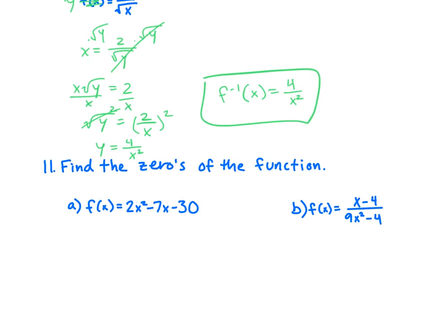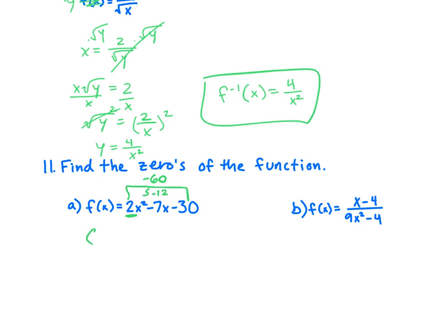Number 11, find the zeros of the function. So here when we have a number in front of our x squared, we need to multiply the first and the last terms together to begin. So we have negative 60. Now we need to find two factors of negative 60 that add and give us negative 7. This would be 5 and 12, and the 12 has to be negative.